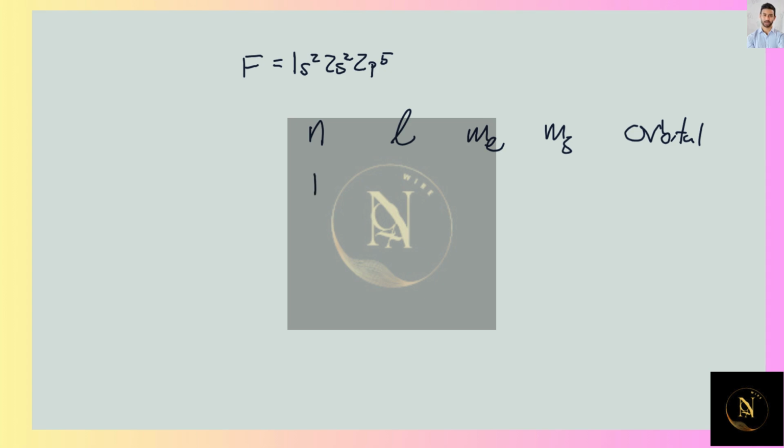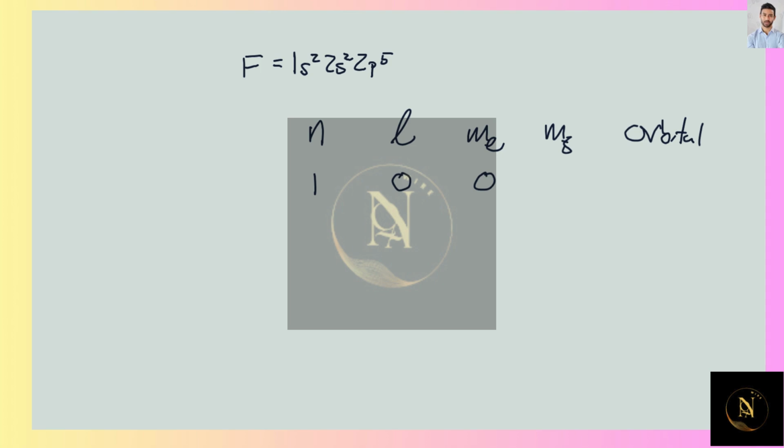n is 1, and l, when n equals 1, can only be n minus 1, or 0. Then m sub l can range from negative l to positive l, so if l is 0, m sub l can only ever be 0.